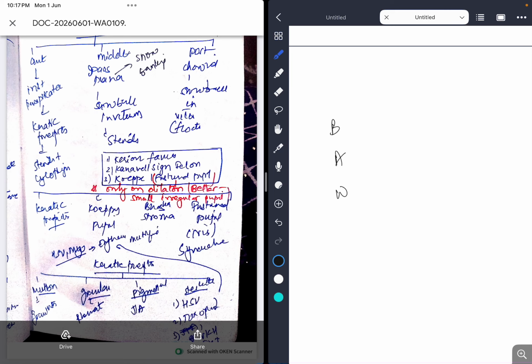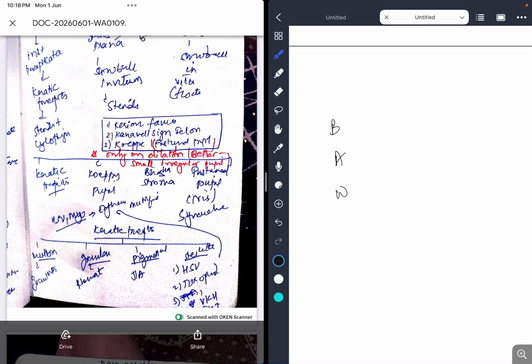So always remember, festooned pupil is not something you will see everywhere; it is only when you give an eye dilator that you are able to see it. There would be keratic precipitates in the aqueous chamber, Koeppe nodules, and Busacca nodules. Koeppe are seen at the pupil and Busacca are seen in the stroma. Festooned pupil is because of iris synechiae formation, which you see on giving a mydriatic agent to the eye.